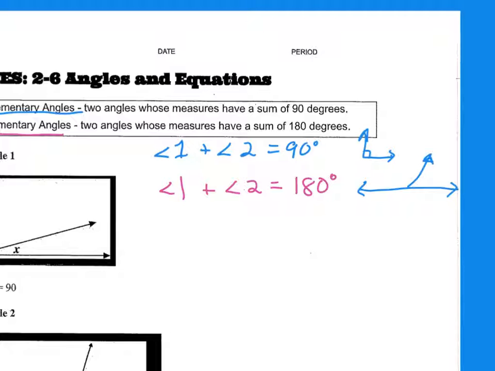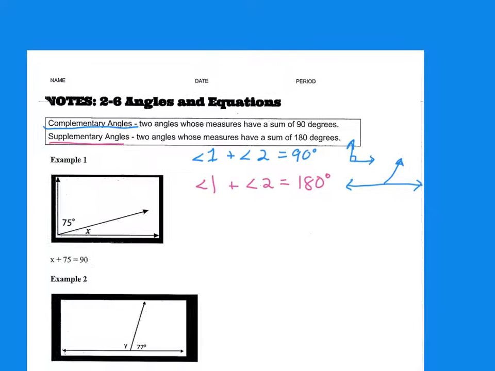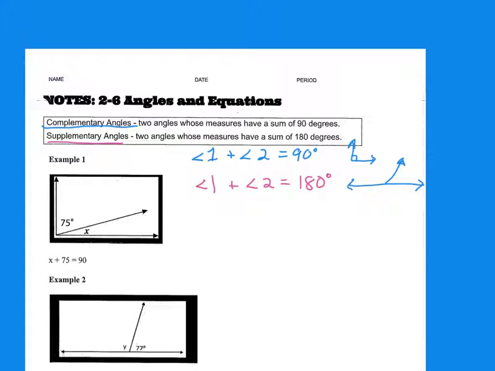That's the difference. Supplementary is a straight line, or two 90 degree angles laid next to each other. So two complementary angles would equal a supplementary? Yeah.